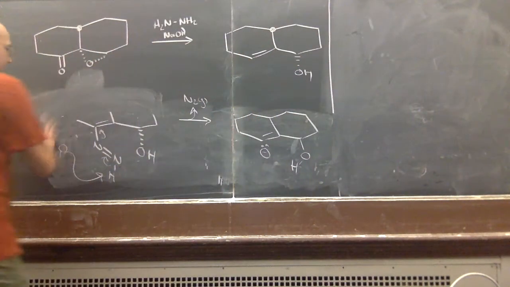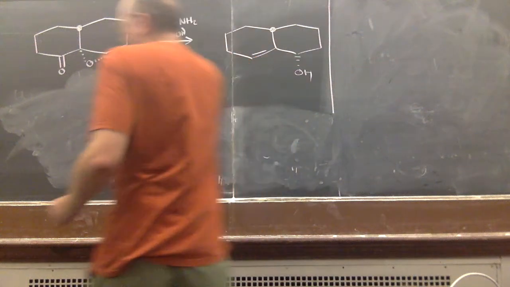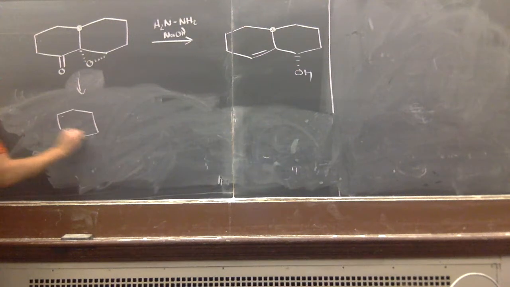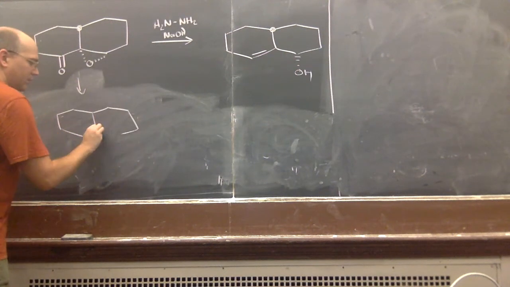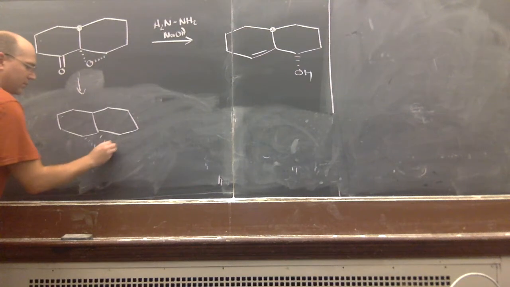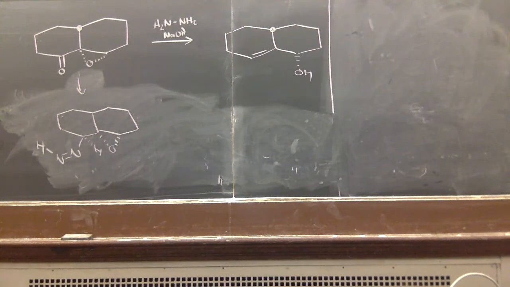But the mechanism that I think you're suggesting is, I think what I would have done, and I think maybe what you're getting at, is that once you do your condensation and you get to that tautomer, right?